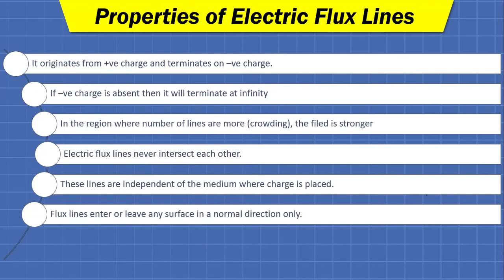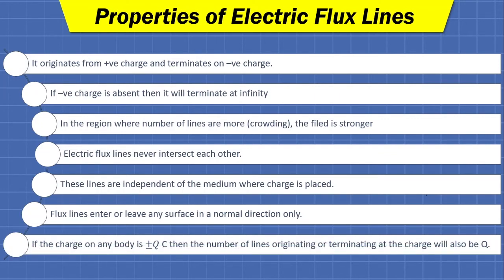The tangential component will have no effect on any electrostatic phenomenon. We will discuss this once we reach Gauss's law. But for this instance, the important property to be remembered about electric flux lines is that they will always enter or leave in a normal direction.